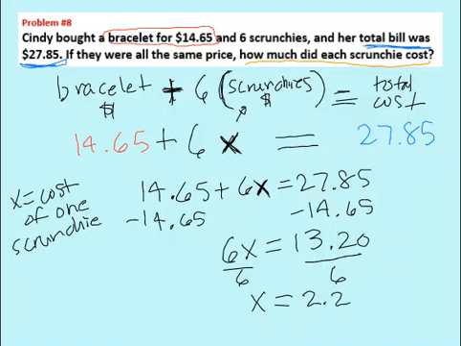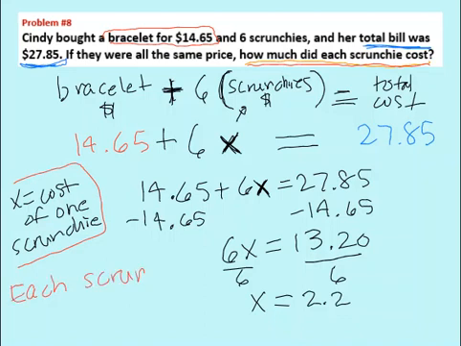Well, I'm looking and it says X is the cost of one scrunchie. And that's what it's asking me. So I'm going to write each scrunchie costs. I'm going to write this as money. I'm not going to write 2.2. That's not how money is written. $2.20. All right.